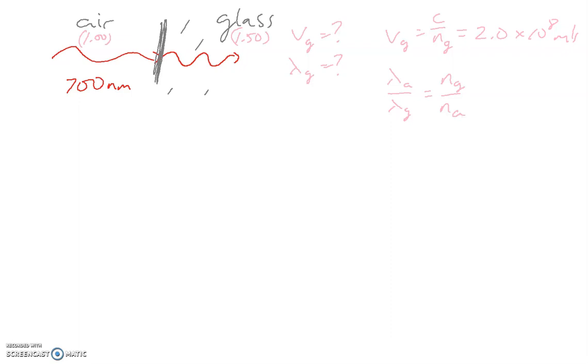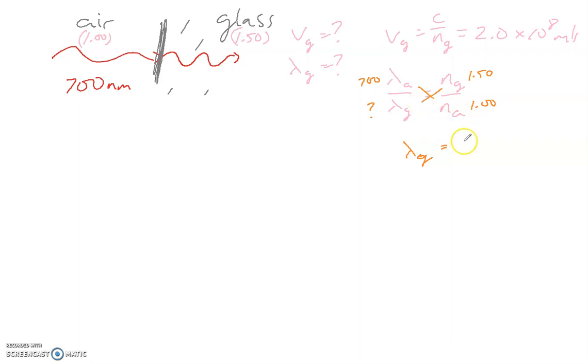And we have our values that we can use for this. We have the wavelength in the air, that's 700 nanometers. The wavelength in glass is what we're looking for. The index for the glass is 1.50. The index for air is basically 1, which means we won't really do anything. Then we can solve for the wavelength in the glass. All we do is a little cross multiplying, basic math from a while ago.